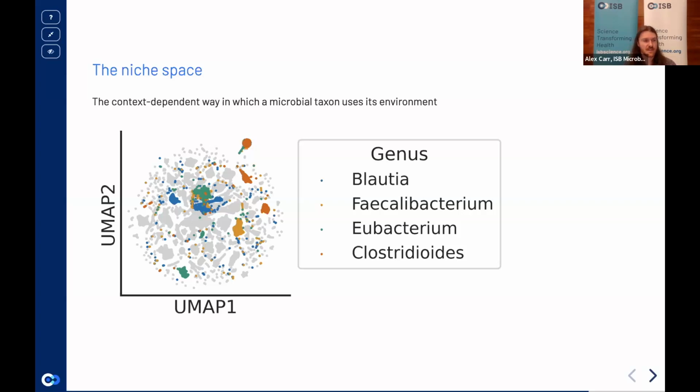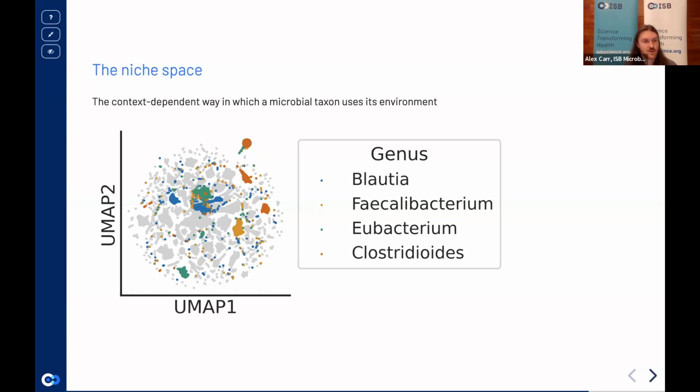In this particular example, we're highlighting a few genera of interest: Bladia, Faecalibacterium, Eubacterium, and Clostridioides. One thing that's really interesting with regard to Clostridioides is that we see in the red that Clostridioides is able to occupy a few different niche spaces.